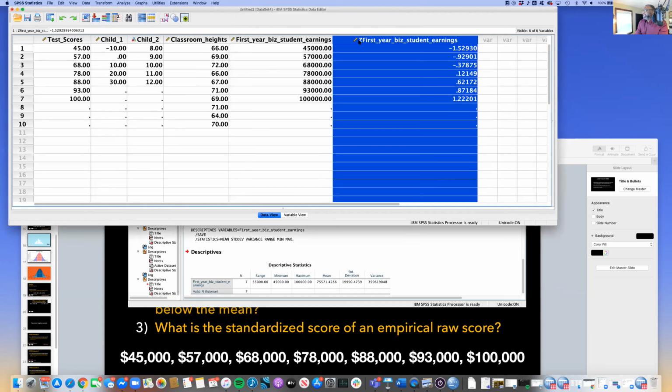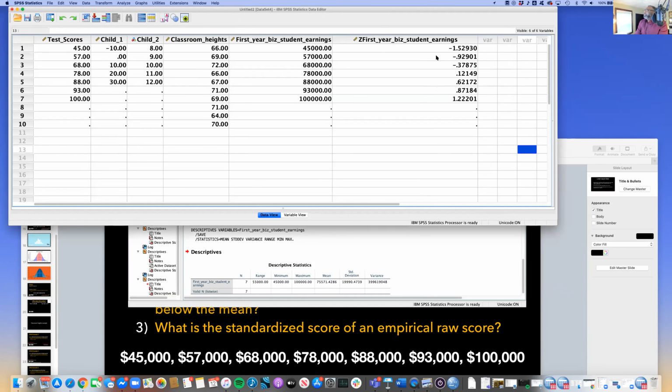And what you're going to see is Z, which represents z-scores. And then you're going to see first year biz students earnings. So what this tells us is that, again, the mean was what, $75,000? We see here that $45,000 falls how many standard deviations from the mean?